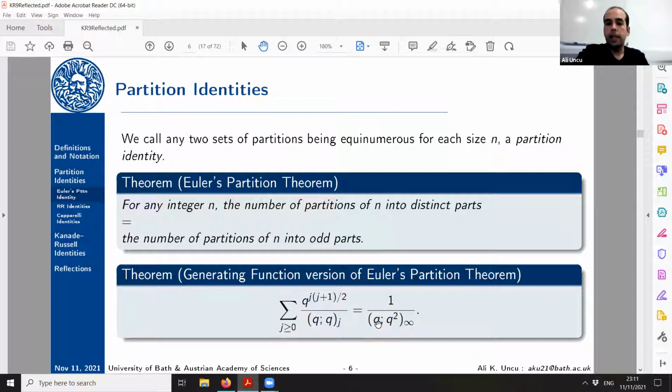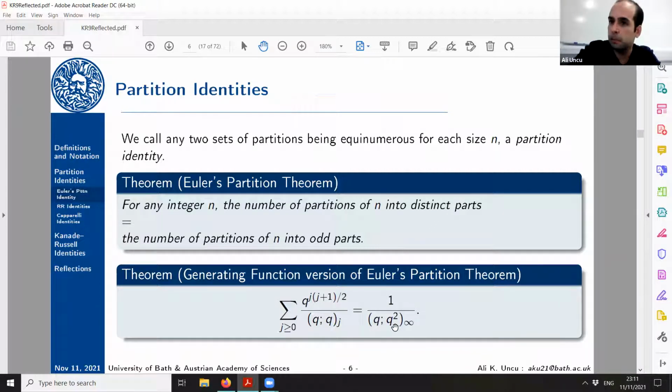And here I should say, and I will repeat myself, that we can make different interpretations of the sum and of the product, but the interpretation of the product usually is really simple. You look at the residue classes that you have. Here it is just q to the power 1, so you have only 1, and then you look at your modulus, which is 2. So you say, I have partitions into 1 modulo 2 parts.